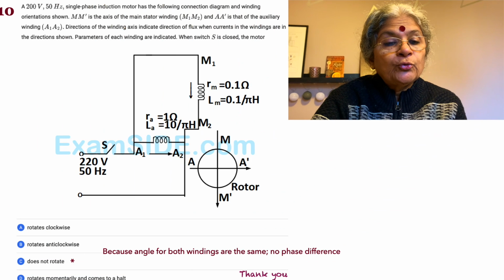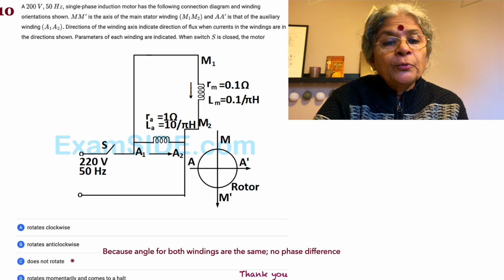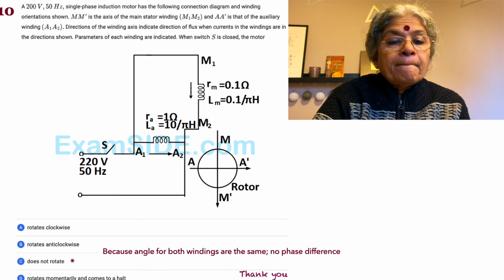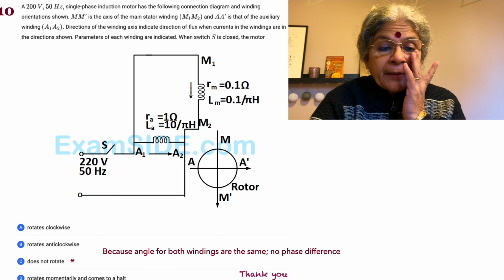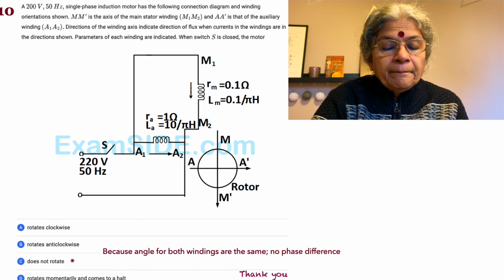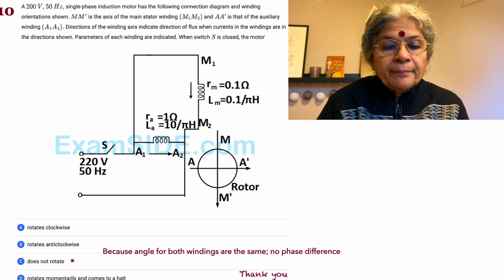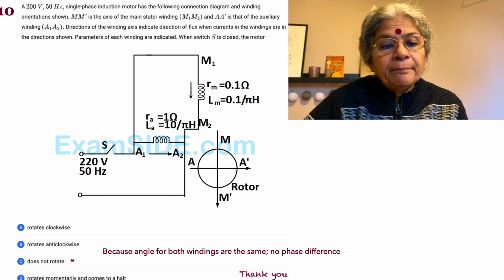Now we come to the last of the problems in this session. What do we have here? We have a 220 volt supply being given via a switch to two coils. The first coil has RA as 1 ohm and LA as 10 by pi Henry, and the second coil has RM and LM respectively as 0.1 ohm and 0.1 by pi Henry.